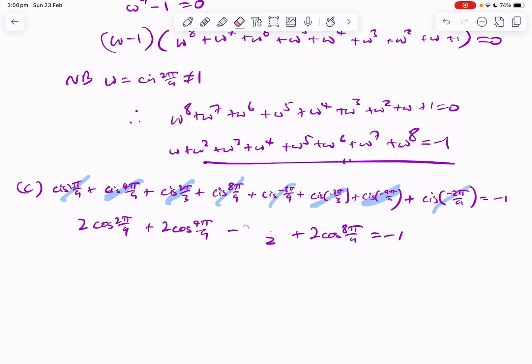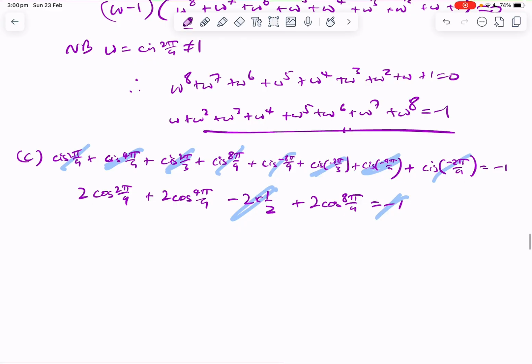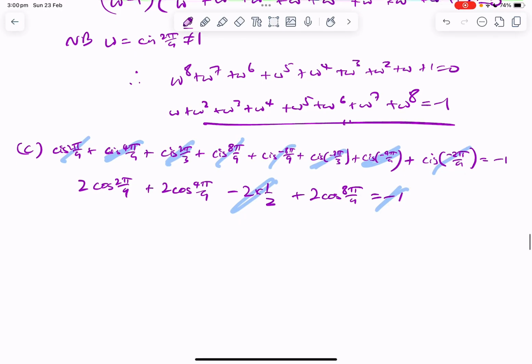I think we can also see that these sum to 0, or cancel each other out on either side.